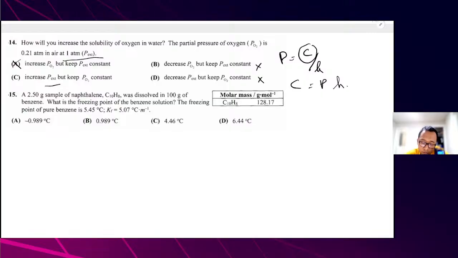A 2.5 gram sample of naphthalene was dissolved. What is the freezing point of the benzene solution?